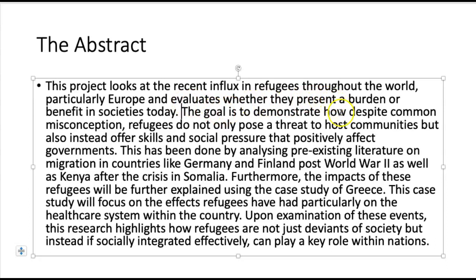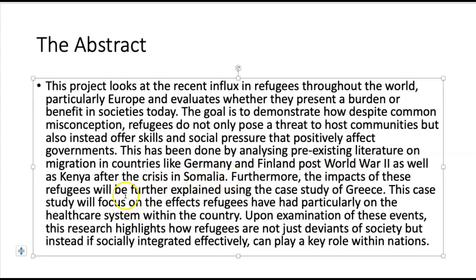The goal is to demonstrate how, despite common misconceptions, refugees do not pose a threat to host communities, but also instead offer skills and social pressure that positively affect governments. This has been done by analyzing pre-existing literature on migration in countries like Germany and Finland post-World War II, as well as Kenya after the crisis in Somalia.